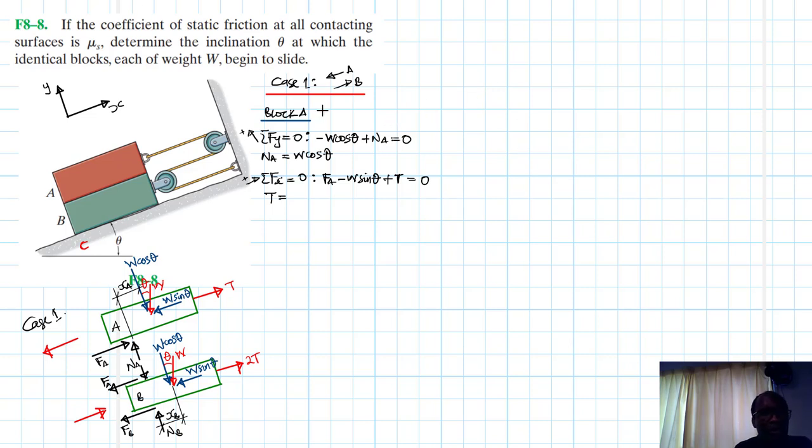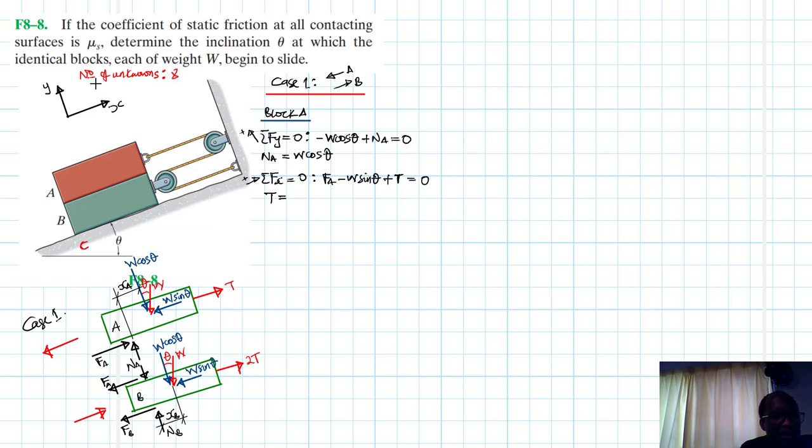So the number of unknowns, let me write here. So number of unknowns, how many are there? So we have 1, 2, 3, 4, 5, 6, 7, 8.